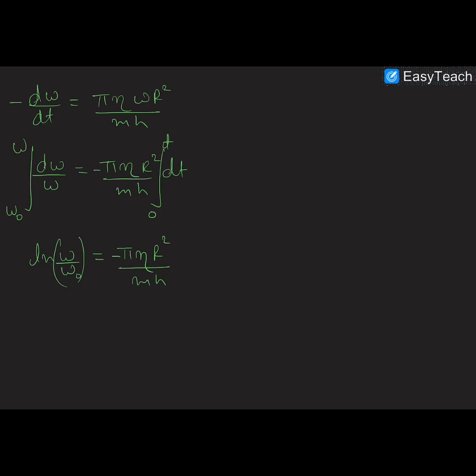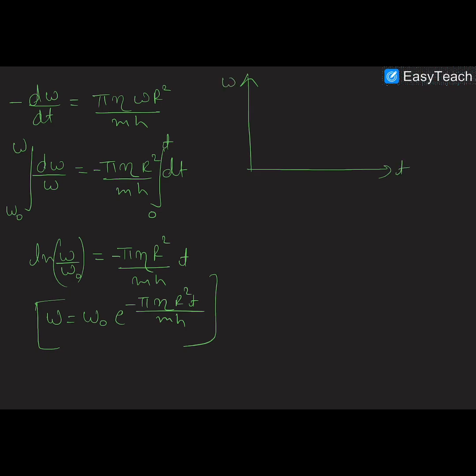Therefore omega equals omega naught e to the power minus pi eta r square t by mh. This will be the angular velocity at any time t.